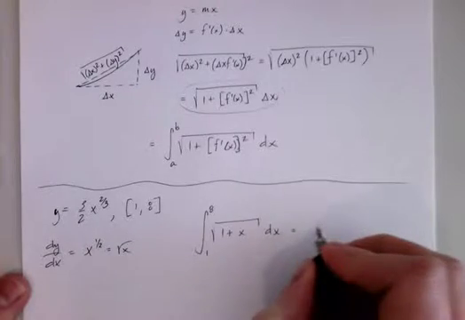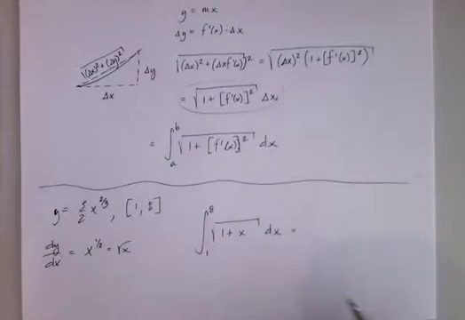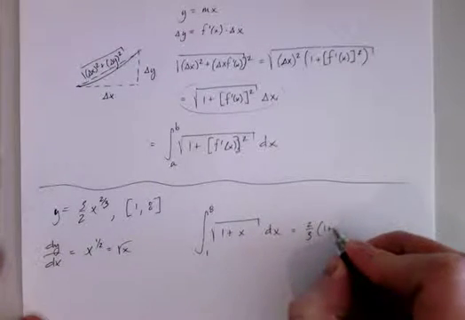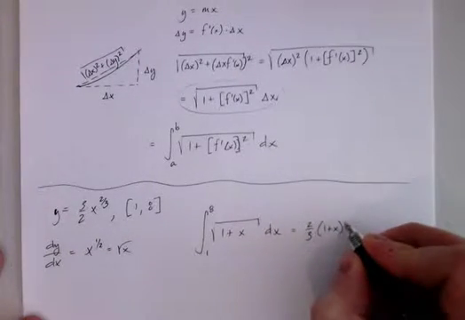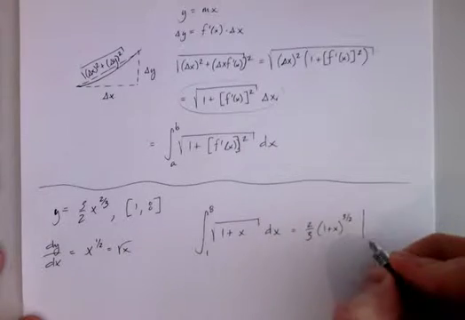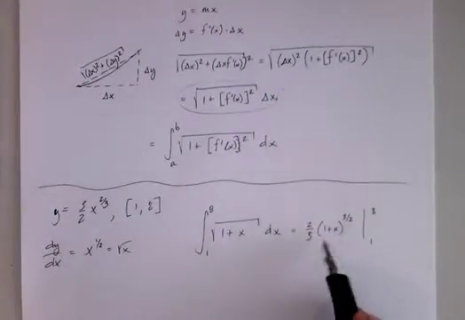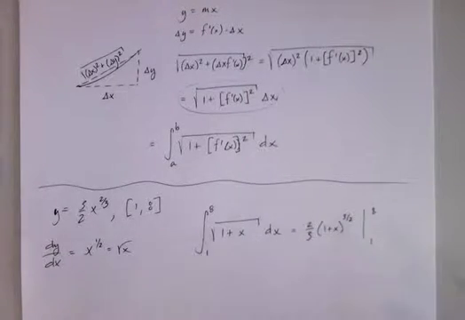And so this is a u-sub, but it's not even worth doing. That winds up being 2/3 times 1 plus x to the 3/2, from 1 to 8. And then when you plug it in, obviously the 8 winds up being a pretty easy one. Of course, when you plug in the 1, you're going to wind up getting an irrational number. So unless you want to leave it in that radical form, this winds up being a calculator problem, so you can get a decimal approximation.